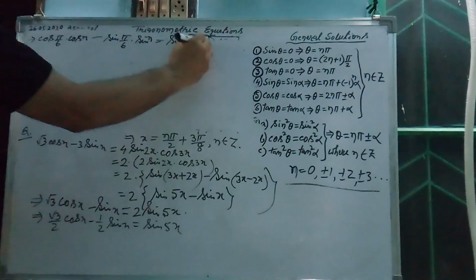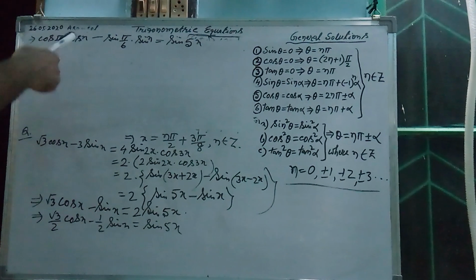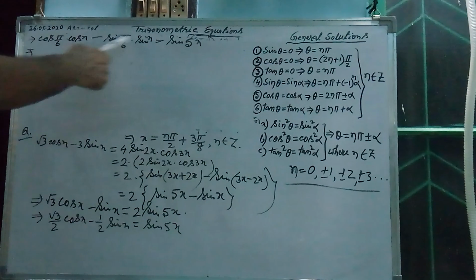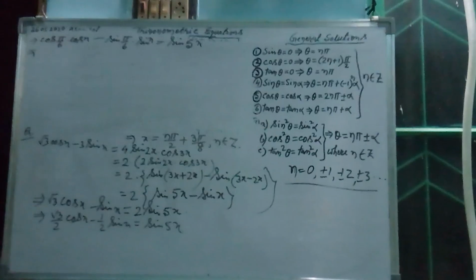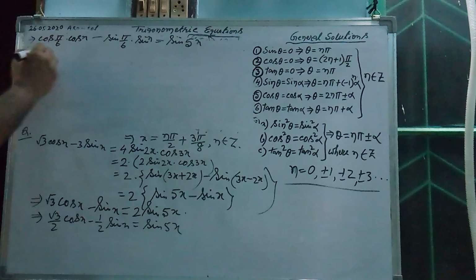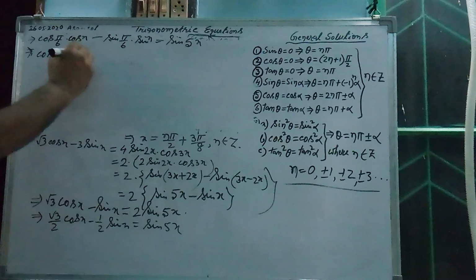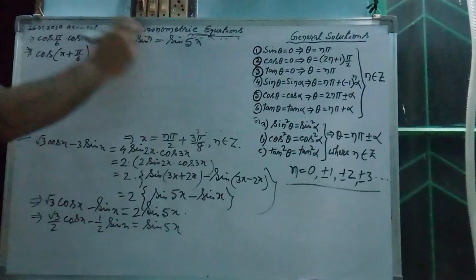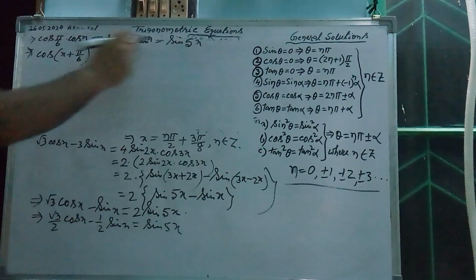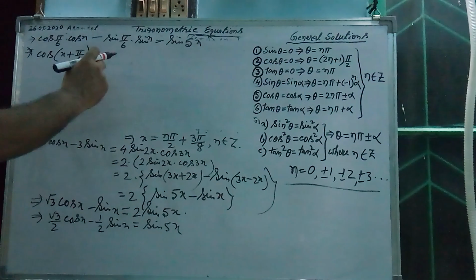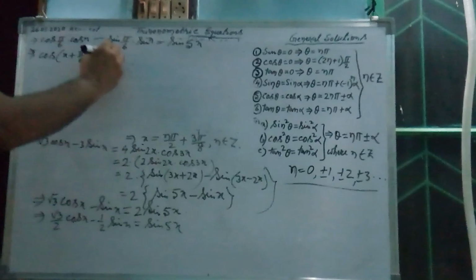So this is in the form of cos A cos B minus sin A sin B. We are taking x as A. So this is equal to cos of A plus B, so cos of x plus pi by 6. Cos A plus B equal to cos A cos B minus sin A sin B. Cos x plus pi by 6 is equal to sin 5x.